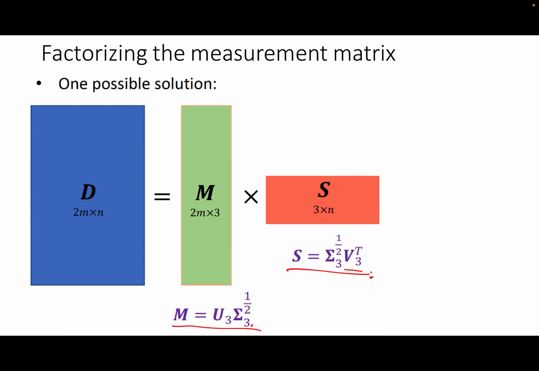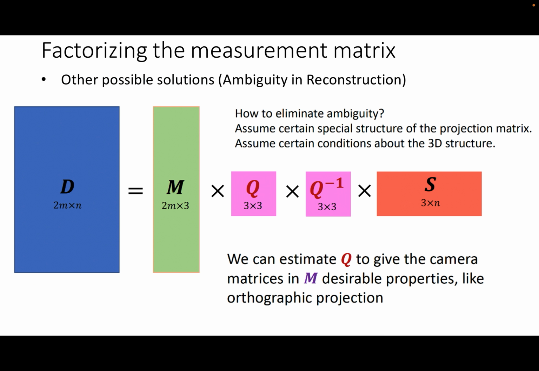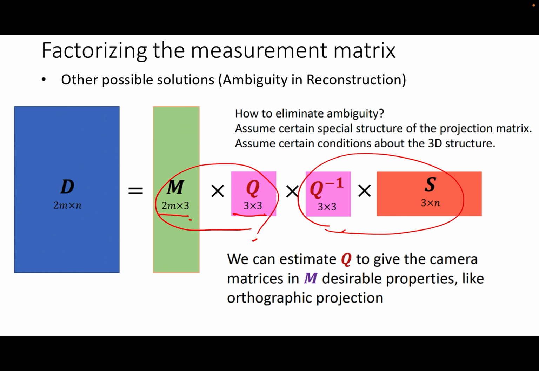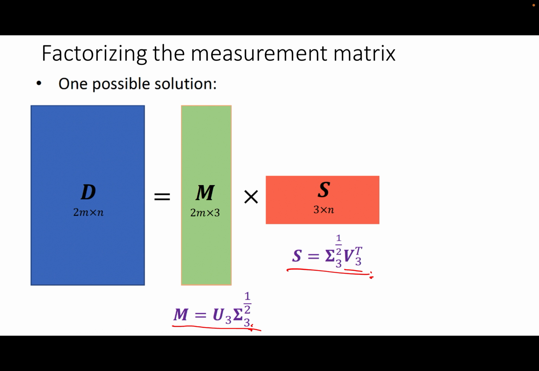But there are actually many possible solutions because we have ambiguity. If we multiply M by Q and Q inverse by S, then there can be many solutions. And the square root is just one of the possible solutions. We can use the square root or anything to get D.